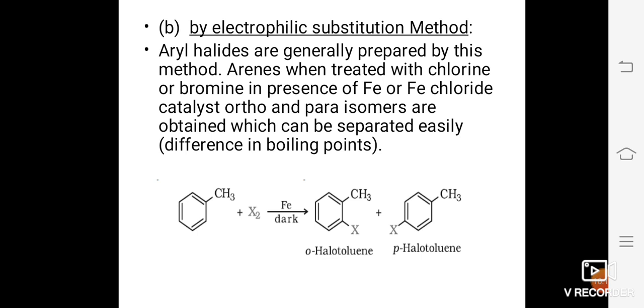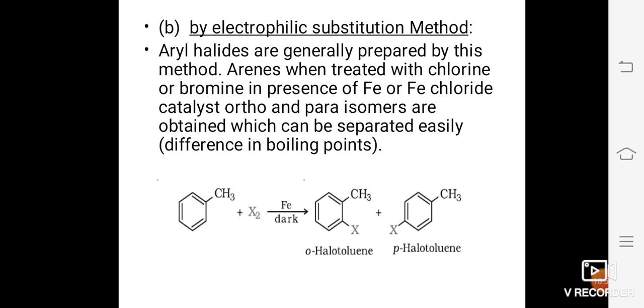The second method is by electrophilic substitution method. Probably this is the method generally used for the preparation of aryl halides. So arenes, that is compounds containing double bonds, when they are treated with chlorine or bromine in presence of either iron or iron chloride catalyst, ortho and para isomers are obtained which can be separated easily.